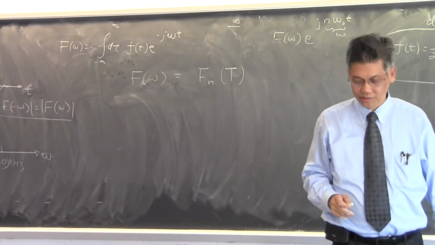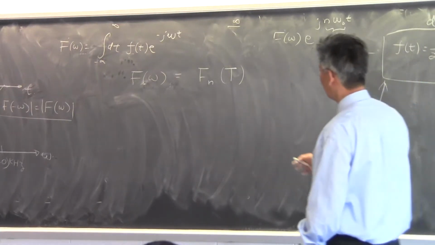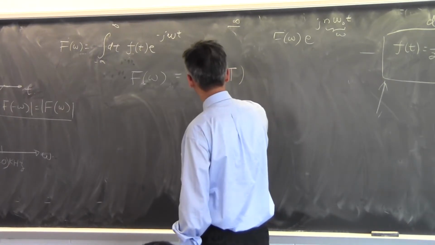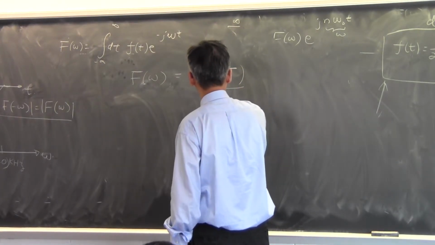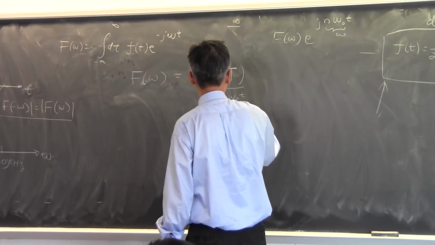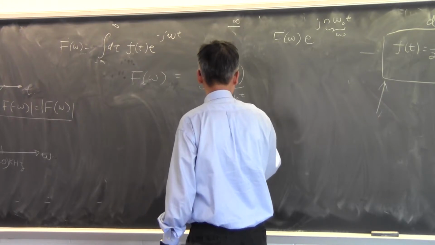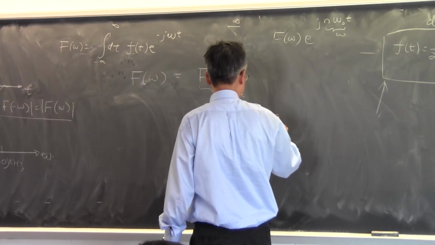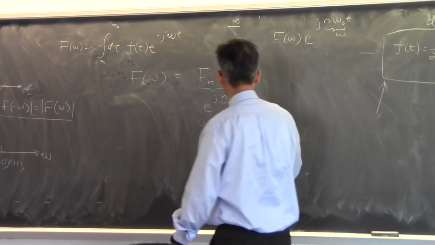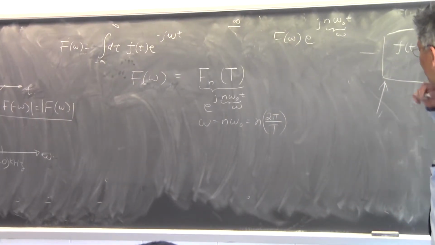So f of omega is related to f sub n, and this represents the amplitude of the Fourier signal at e to the j n omega naught t. And this I call omega, where omega is n omega naught, which is n 2 pi over t. That is my omega in this new Fourier transform space.